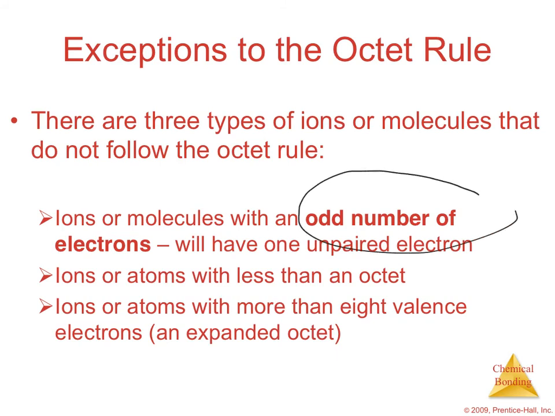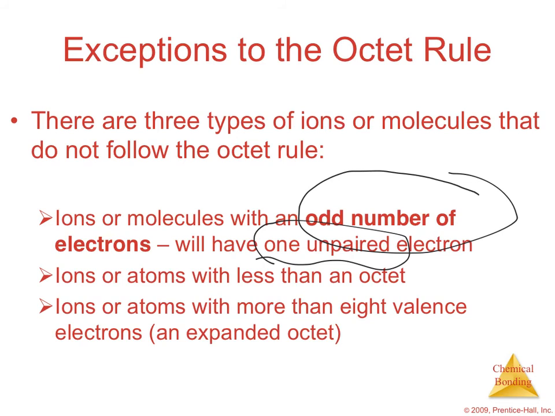that some molecules have an odd number of electrons. And if that's the case, if you add up all of the valence electrons in the atoms in a molecule and you get an odd number, you are going to end up with one unpaired electron. So just heads up so you don't think you're doing something wrong.